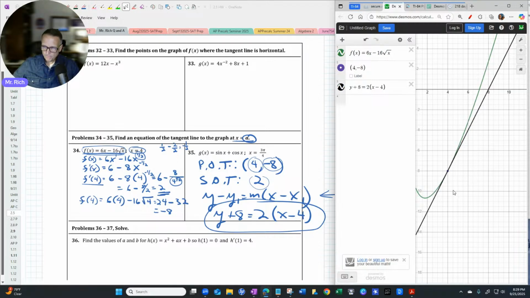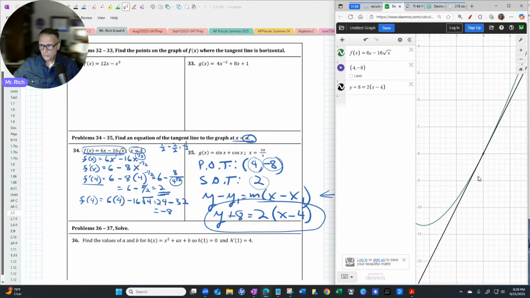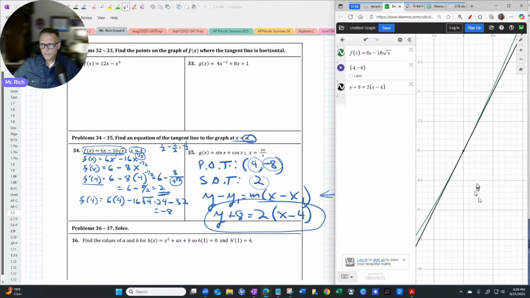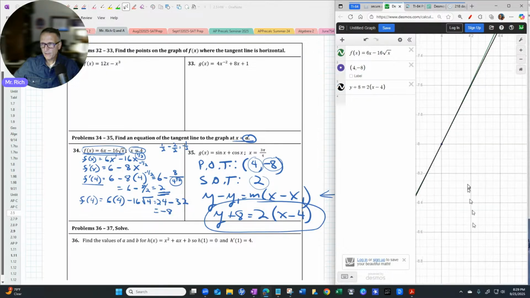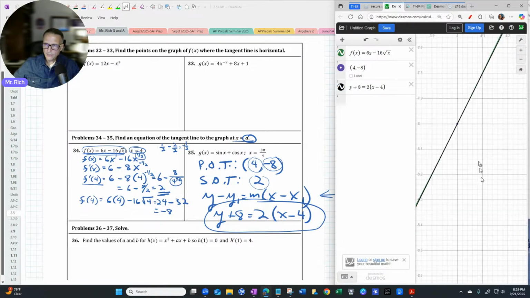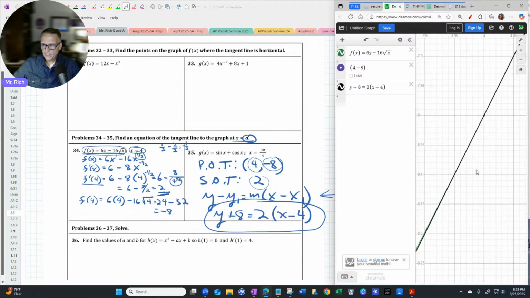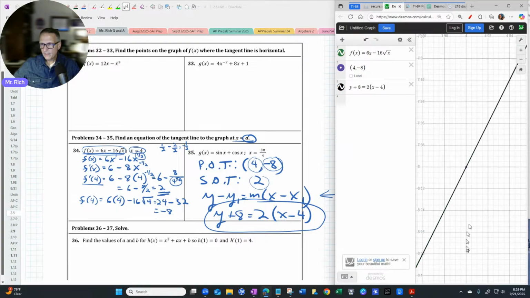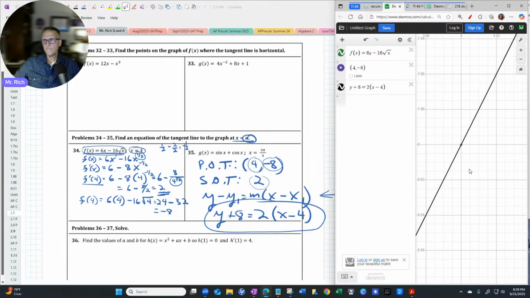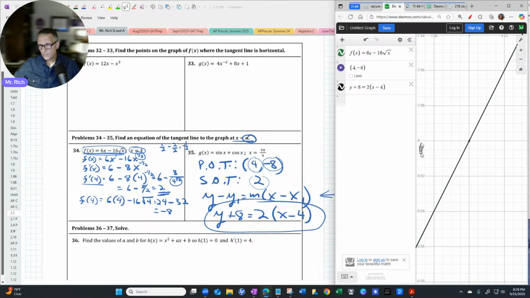If we zoom in and keep zooming in, you won't even be able to differentiate between the tangent line and the curve itself. They kind of blend together, and that's how you know that you did find the tangent line. I've zoomed in an awful lot. You can see the scale here is 8, 8.02, 8.04. So we are really super zoomed in, and you can't even tell the line.